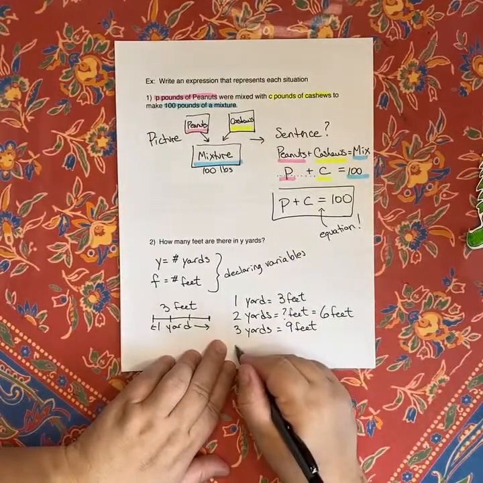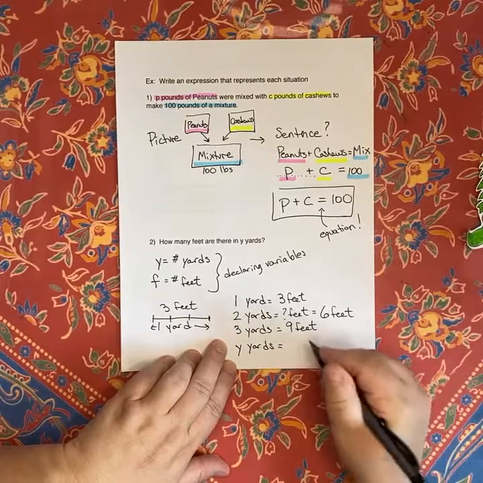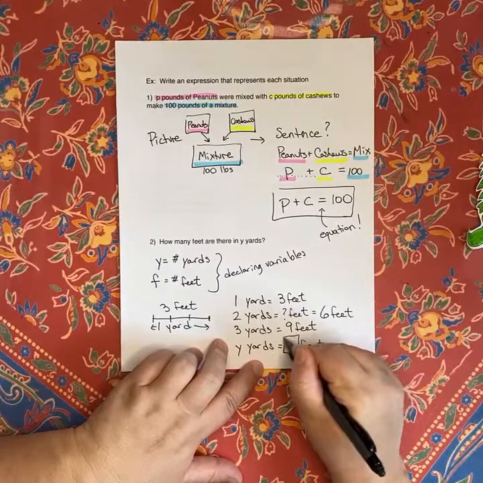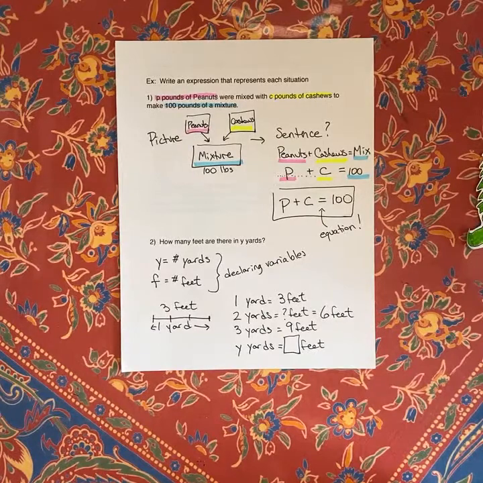So what if I had y yards? How many feet is that? So that's the question. Notice I didn't draw a picture. This time I just started writing stuff down. This is what makes word problems, I think, fundamentally scary.